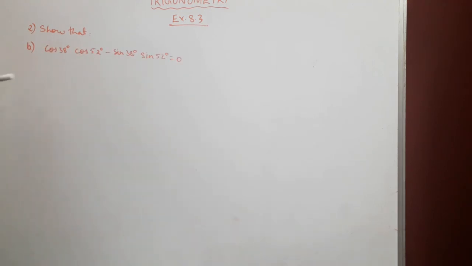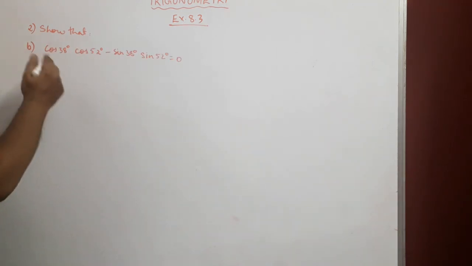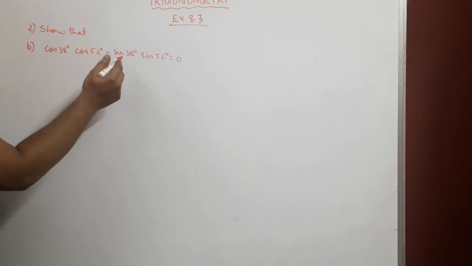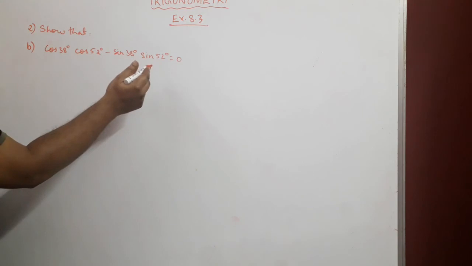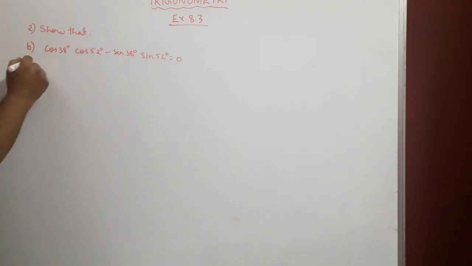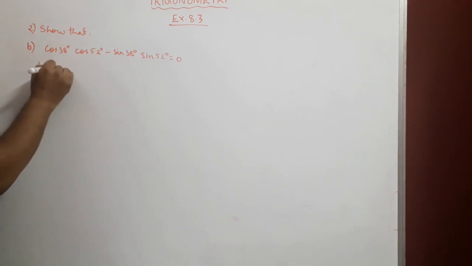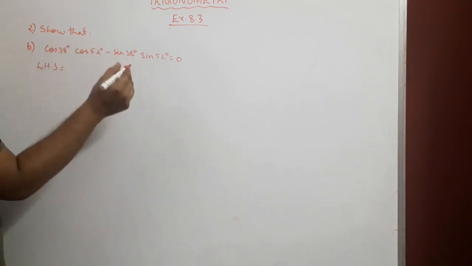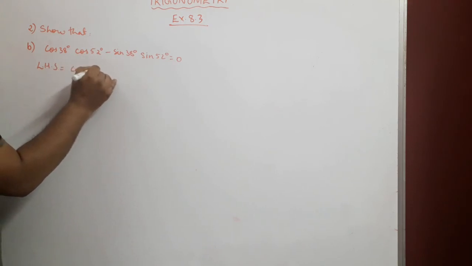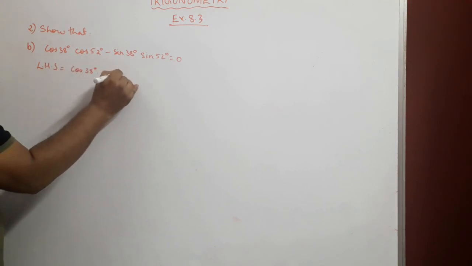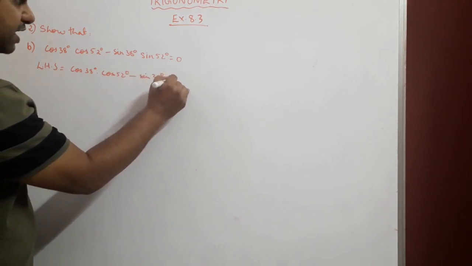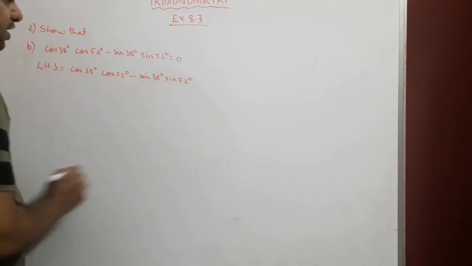Our second problem under question 2 says cos 38 degrees into cos 52 degrees minus sin 38 degrees into sin 52 degrees. We need to show that equal to 0. So once again we begin with our left hand side and try to prove it equal to the right hand side, which is equal to 0. So left hand side is what? Cos 38 degrees into cos 52 degrees minus sin 38 degrees into sin 52 degrees.